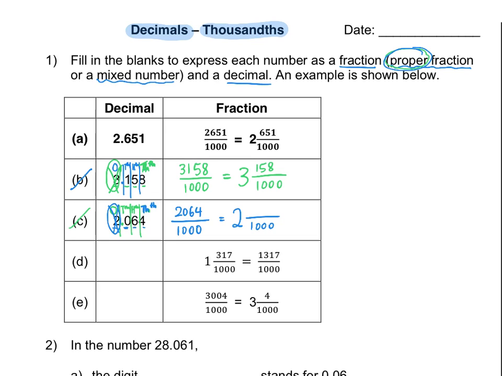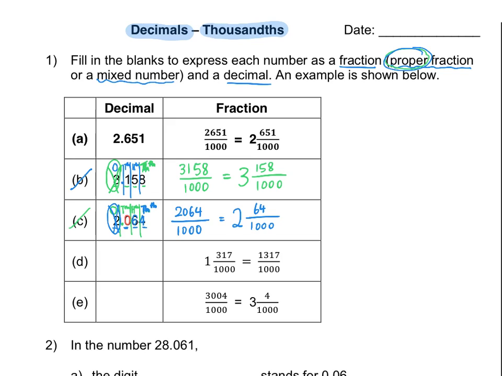You have 064 thousandths. Is it necessary to write a 0? It is not necessary. If the 0 is directly in front, it does not have a value. So our answer should simply be 64 thousandths. This is the answer for part C.